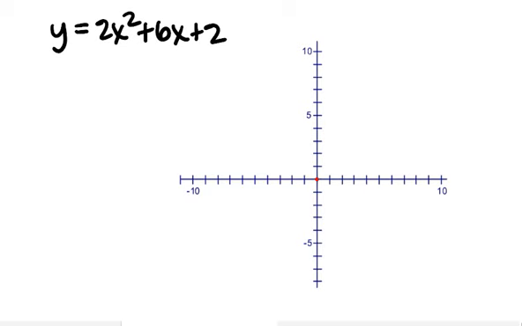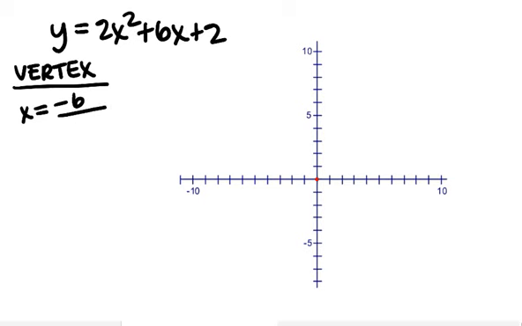Okay, here we've got y equals 2x squared plus 6x plus 2. And so the first thing I'm going to do is find the vertex. x equals negative b over 2a is negative 6 over 2a, which is 2 times 2, is 4. That's negative 1.5.